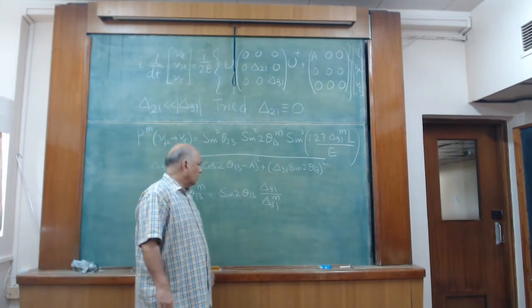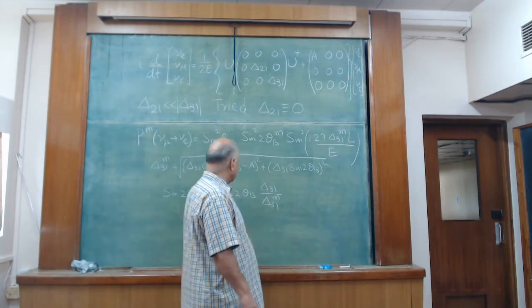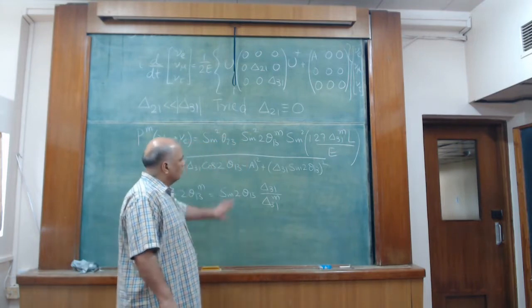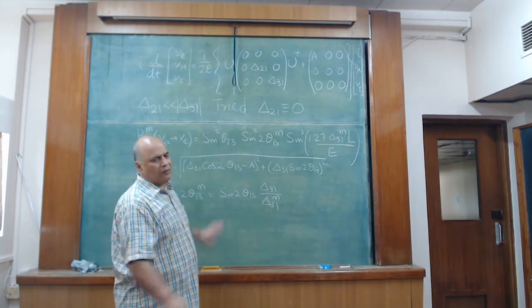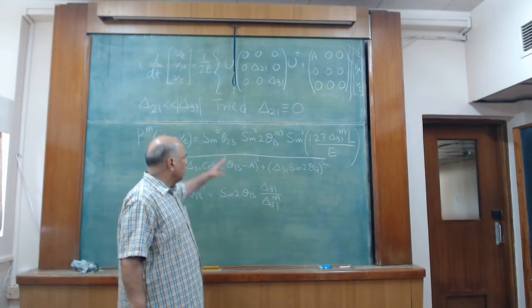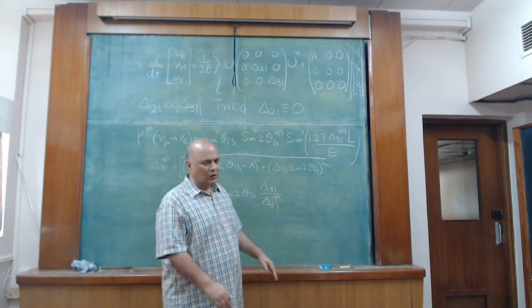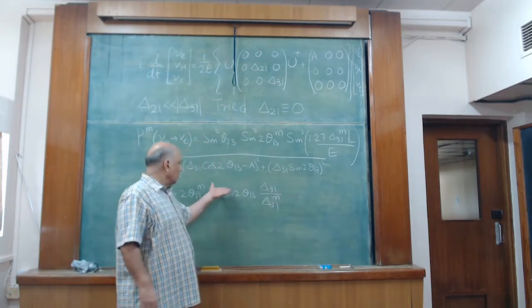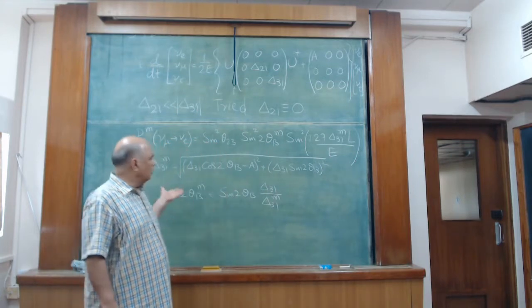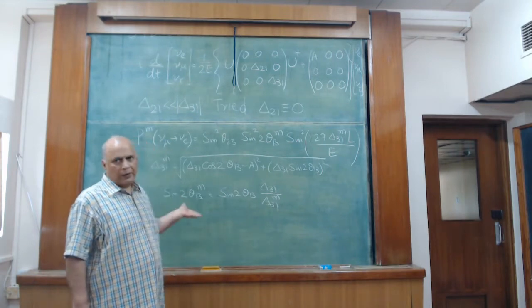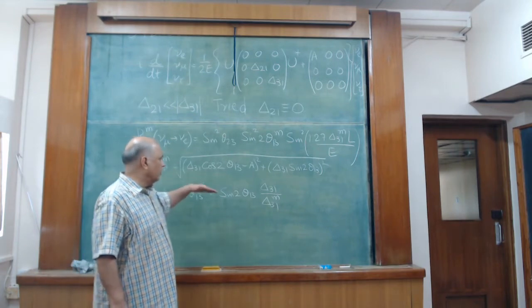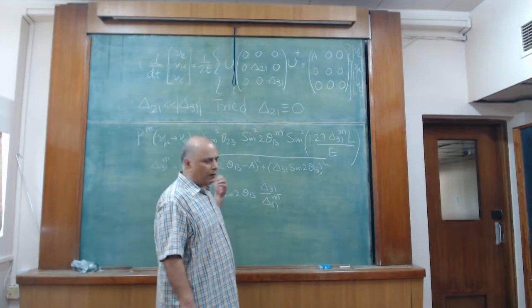and also in the last class I discussed that if this is the exact formula, and that is if delta 2 1 actually is equal to 0, then we can utilize this formula to find out whether delta 3 1 is positive or negative.